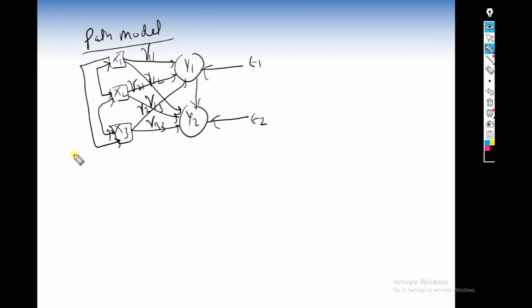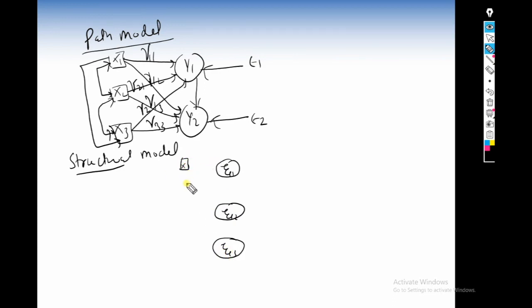Now the structural model. We can write the structural model like this: there is one latent variable, a second latent variable, and a third latent variable. These are the names given when we combine x1, x2, x3, x4, x5, x6, which are the measured variables, and this is the latent variable.